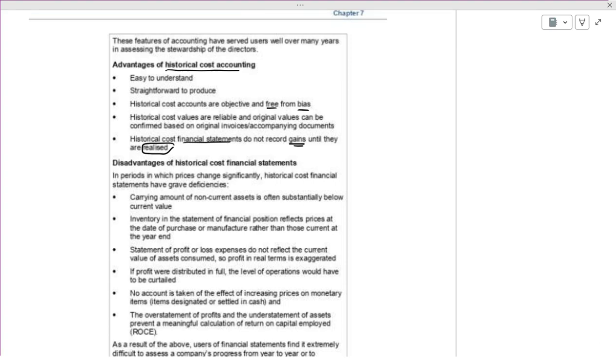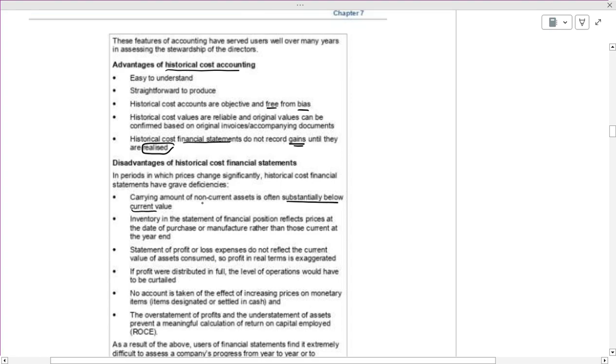You have the disadvantages also. The carrying amount of non-current assets is often substantially below the current value.